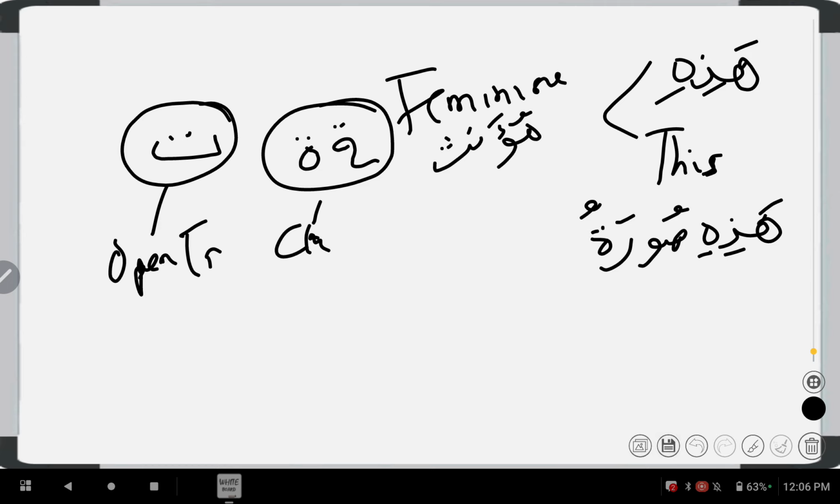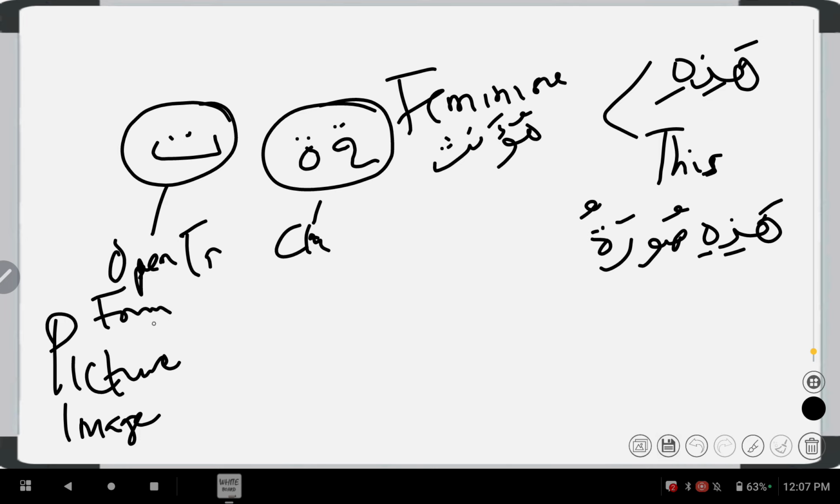Now, what does suratu mean? Suratu means picture. It could also mean image, it could also mean form, and so on, but what we need here is a picture. You can see that suratu, this word in Arabic, is feminine, a mu'annath, because it ends with ta marbuta.